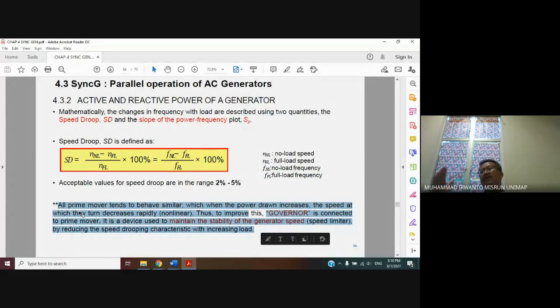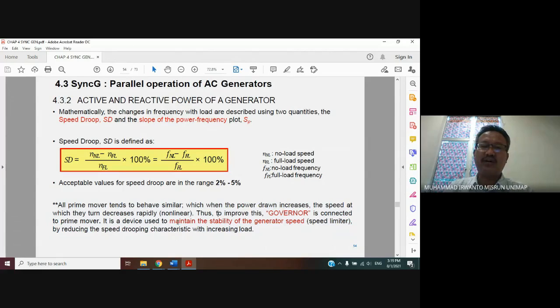Now, in normal operation, we want to maintain the speed. For example, at 1500 RPM, this rotor will move at a speed of 1500 RPM. This condition we can call maintaining the stability of generator speed.